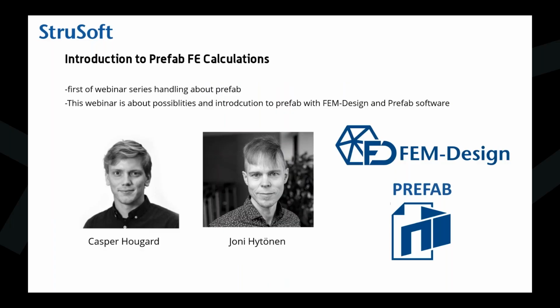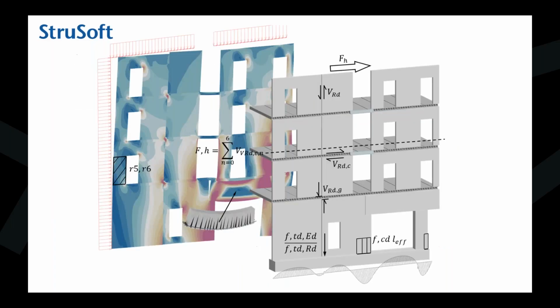We go through all the possibilities we can do with our finite element software FEM-Design and post-processing software Prefab, mostly for wall elements and concrete frames. Concrete frames can be a really complex thing, and the picture you see in the background is a nonlinear model of concrete behavior.